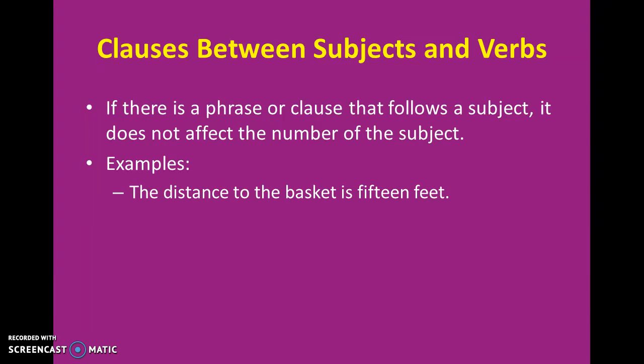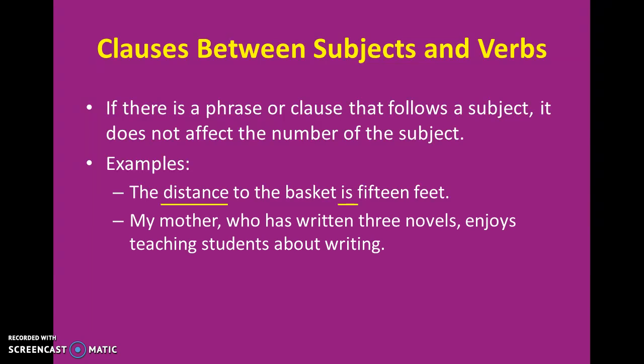Because distance is a singular subject, you want the singular verb of is. And then if you look at our second sentence, it says, my mother, who has written 3 novels, enjoys teaching students about writing. You can tell that mother, the subject, is singular, so you want the singular verb of enjoys.